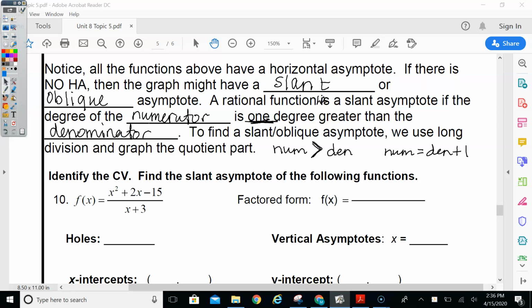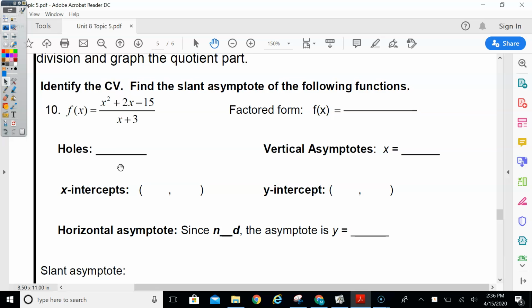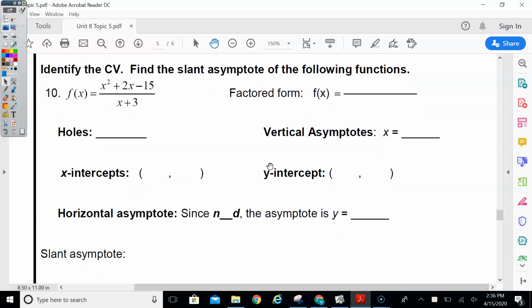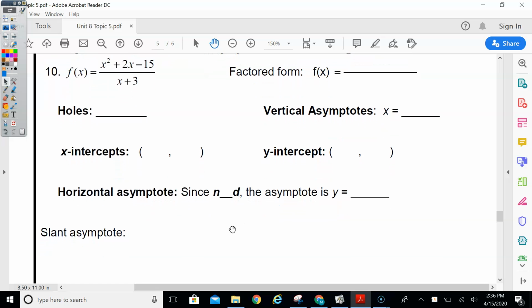Okay, so looking here at example 10. We still have to get all the other critical values, but now we're finding the slant asymptote as well. So let's do the factored form first. Let's get both forms, and then we can fill out this information, and the slant asymptote will be the new part that we find. Okay, so this is standard form.